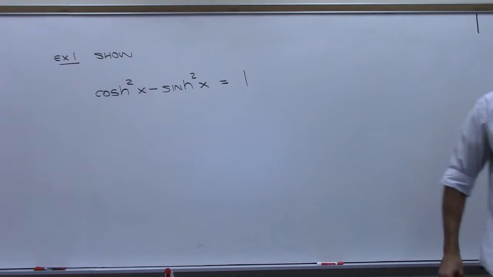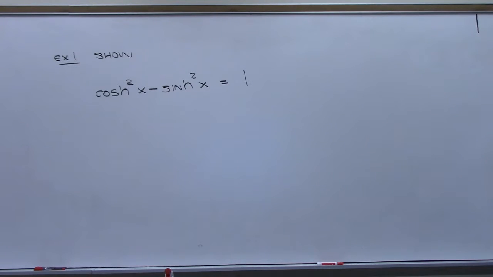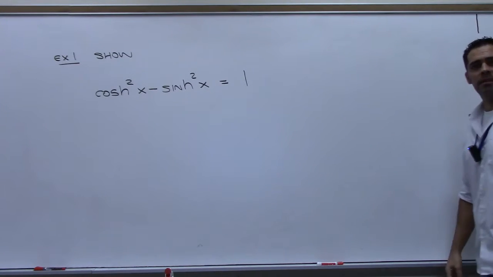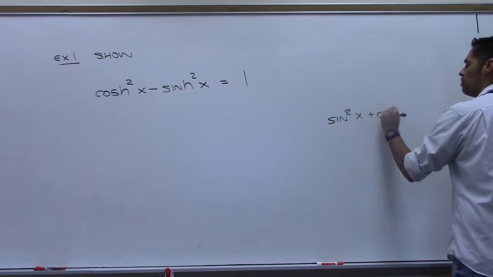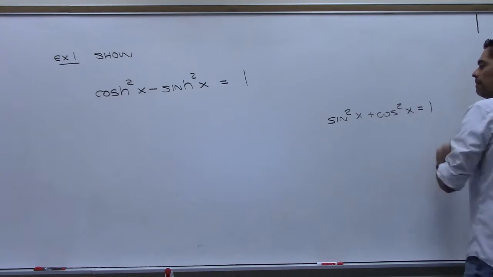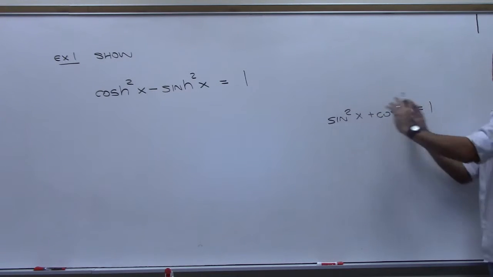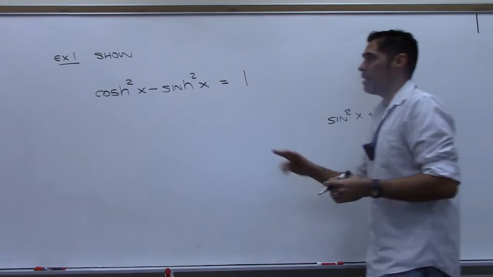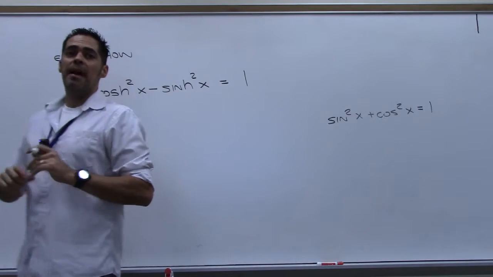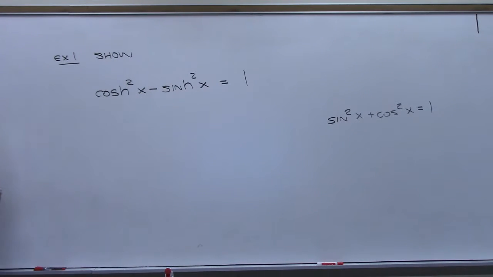What does that look like? Does that look familiar to you? That looks almost like the Pythagorean identity, which was sine squared x plus cosine squared x equal to 1. And so this order didn't matter in pre-cal, because it was addition. Here we have subtraction, and so the order does matter. And we want to show that this is true. It is true, but we have to show it.